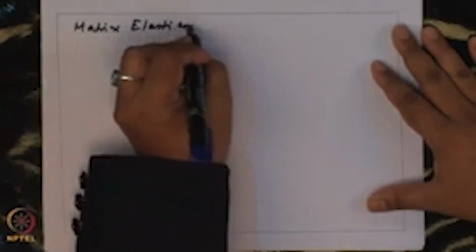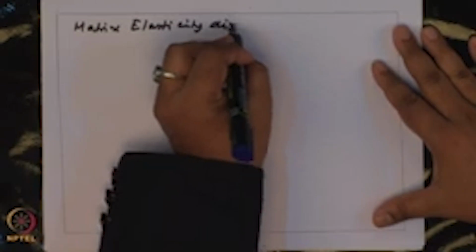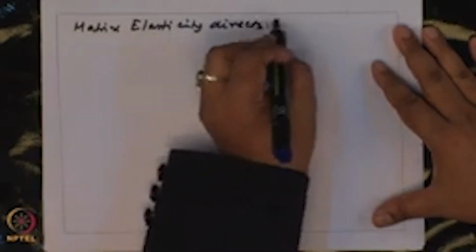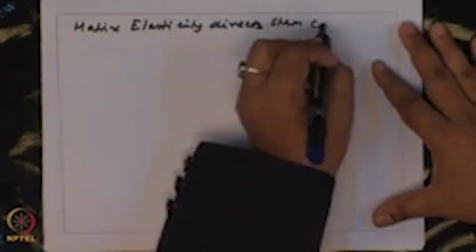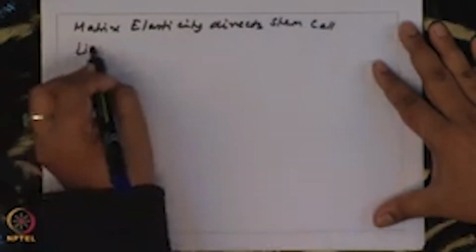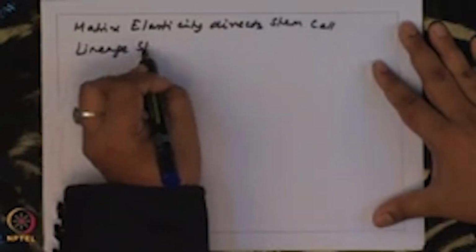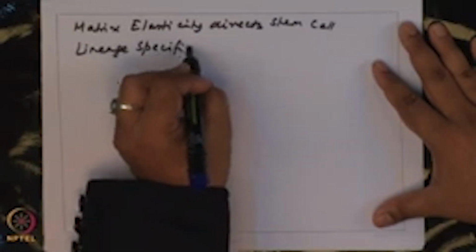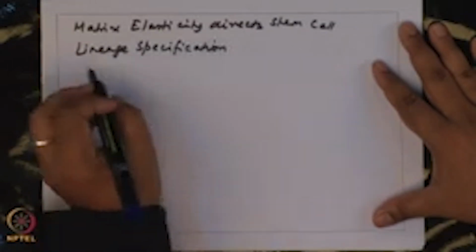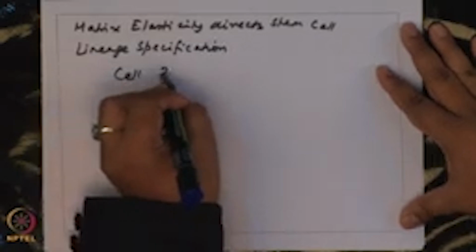So, today I will start discussing this paper, Matrix elasticity directs stem cell lineage specification, Cell 2006.